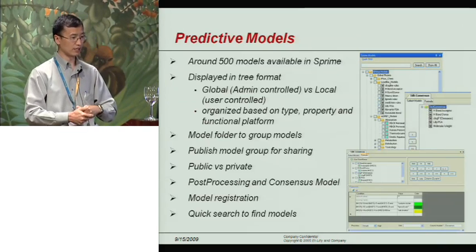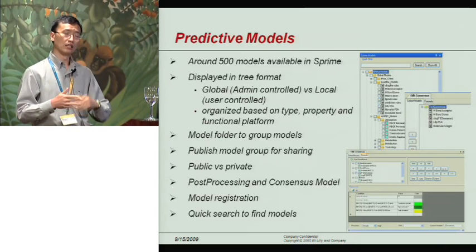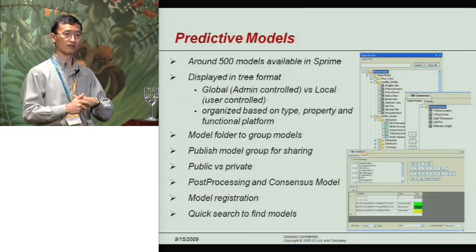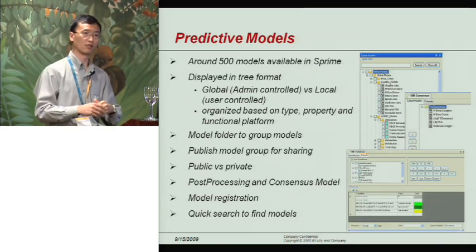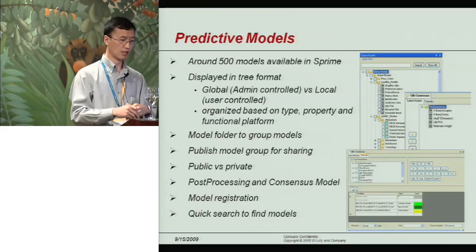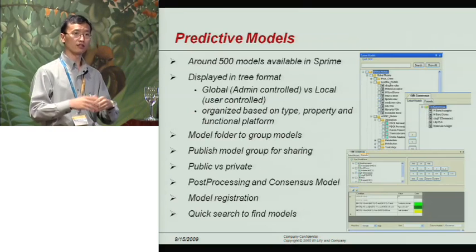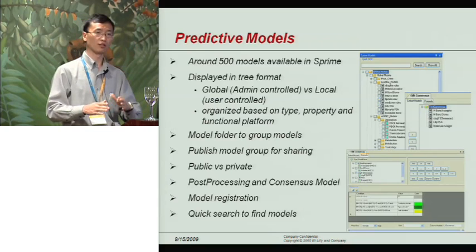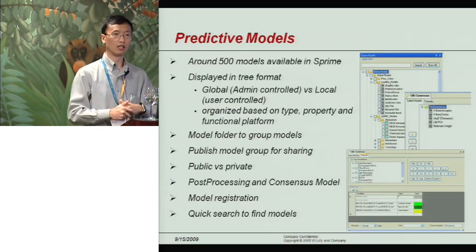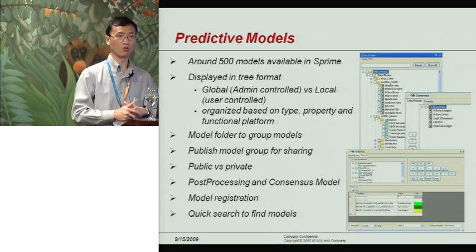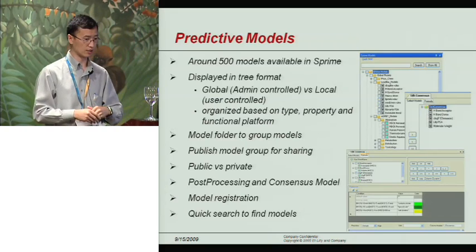Another use for the consensus model is for the score function, right? It's kind of like multiple parameter optimization. You can assign a different weight to each model, and in the end, you have a single value to follow up when you try to optimize your compound, whether in the property space or activity space.